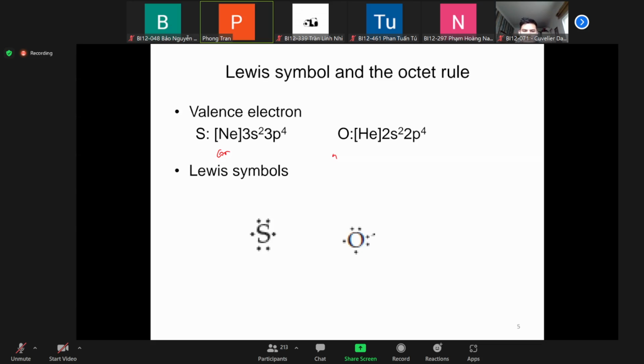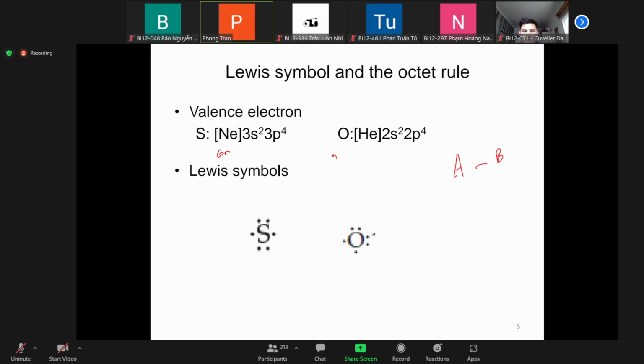Now, if you want to draw a chemical bond between one atom A and B, like A-B like this, you understand that the bond will be made of electrons from the valence electrons of A and the valence electrons of B. So the practical question is how can you draw the electron configuration of atom A and atom B so you can describe the bonding within the molecule AB when the two atoms bond to each other.